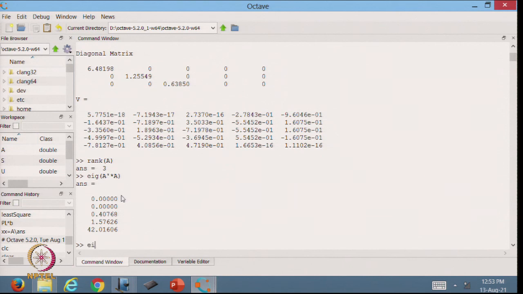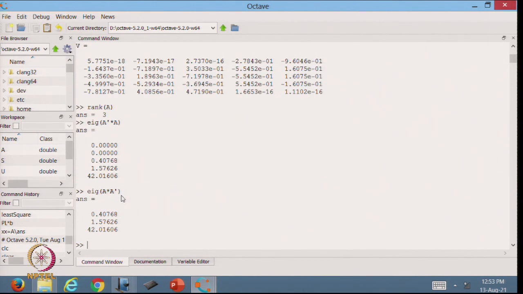Similarly, I can check the eigenvalues of A A transpose, and these eigenvalues are the same except the 0, 0. There are no 0 eigenvalues there, and then we can find the corresponding eigenvectors.